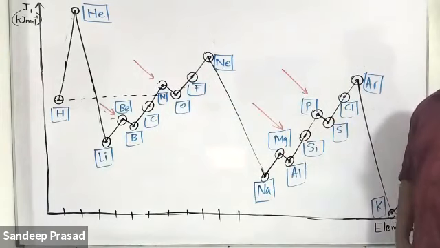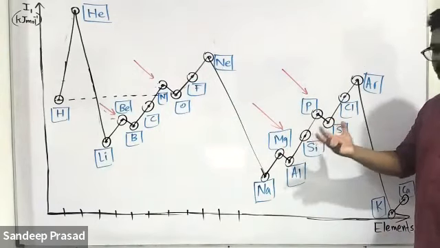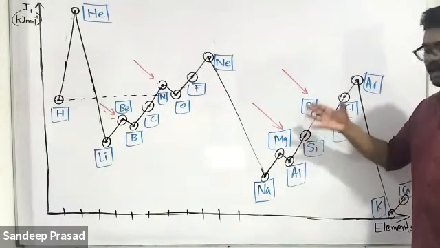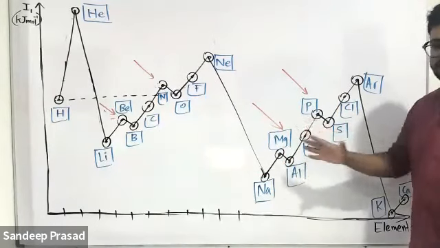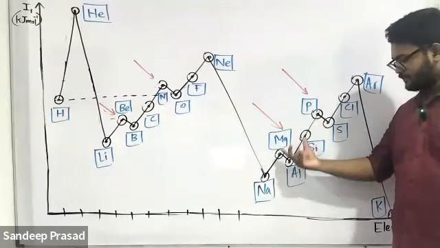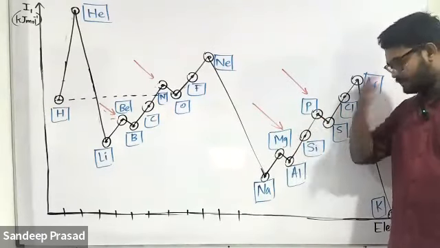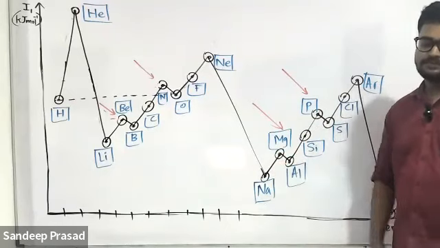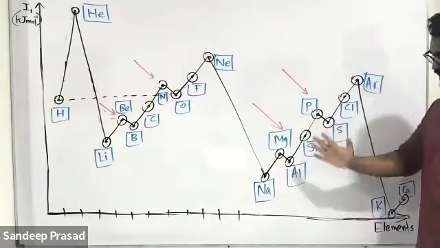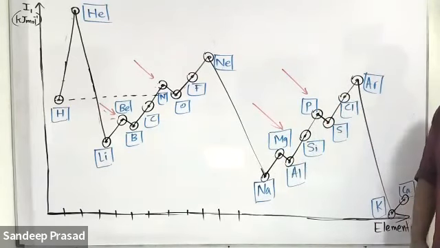Phosphorus is s2p3 configuration. Because their electron configurations are stable, they are showing higher ionization energies than the surrounding atoms. Magnesium, aluminium: we are expecting that aluminium should have the highest value, but magnesium has the highest value. Look at the variation. You have to remember this variation, very, very important.